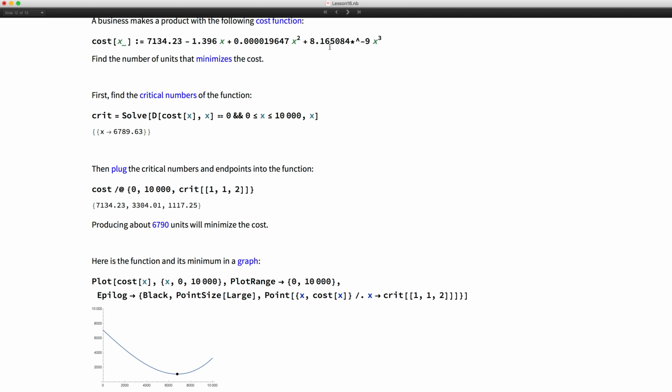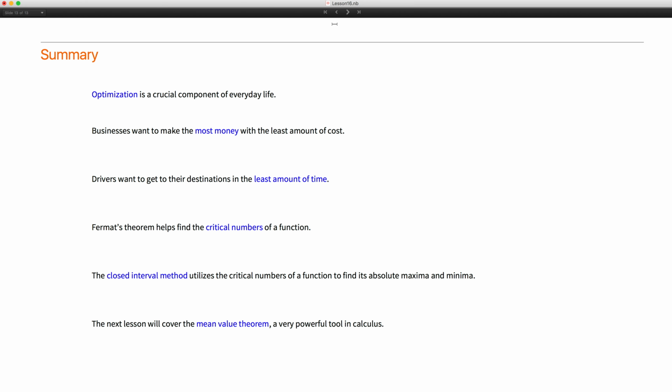So that's the end of this lesson. So let's summarize. So we certainly realize that optimization is a crucial component of our lives from day to day. Now, different people will use it in different ways. So for example, businesses will want to make the most money with the least amount of cost, while drivers might want to reduce the time that they take to go from one place to another.